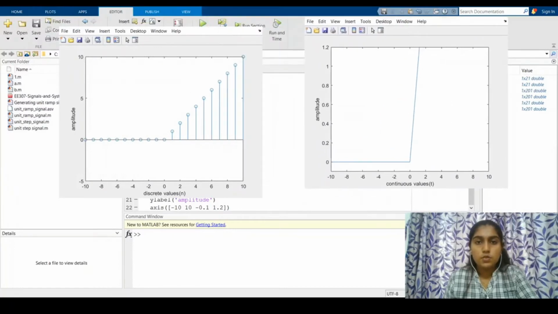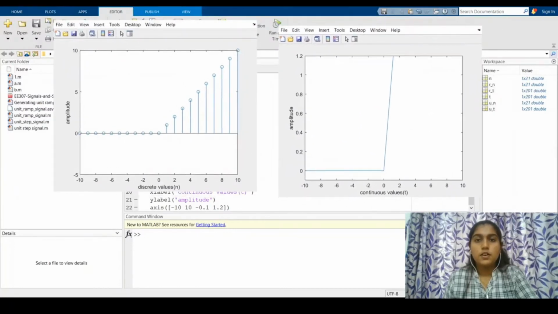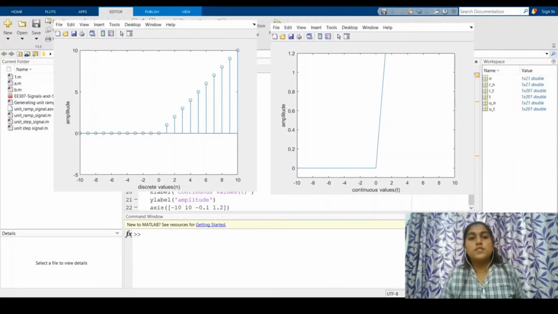Now you can see we have both the graphs obtained. This one is for the discrete case and this one is for the continuous case, and hence we have obtained the unit ramp signal in both the discrete case and the continuous case. So that's all with the tutorial session on unit ramp signal. Thank you. Thanks a lot.